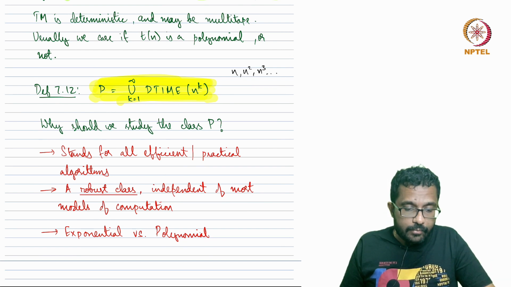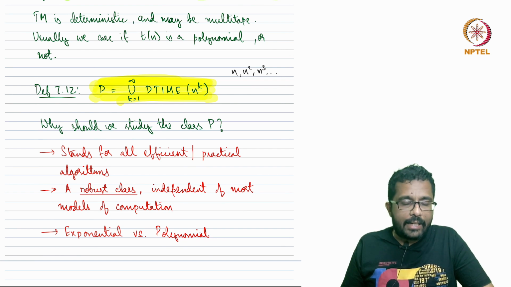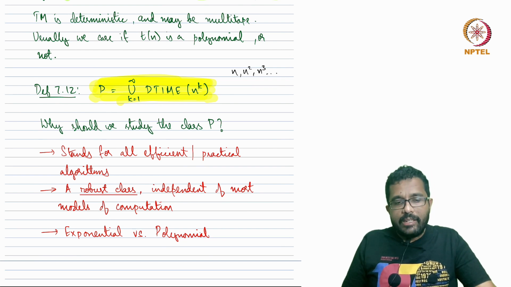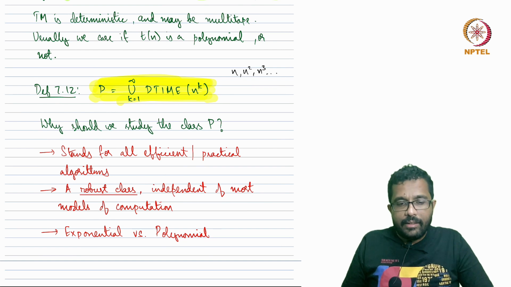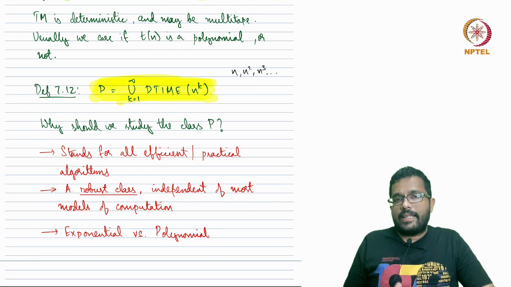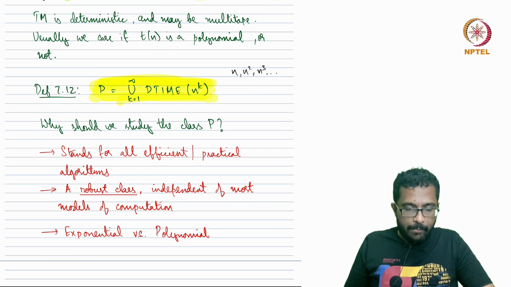So for any language, if you want to decide it, it turns out that if you think we can decide it quickly or efficiently, it has an algorithm that classifies it to be in P, right?